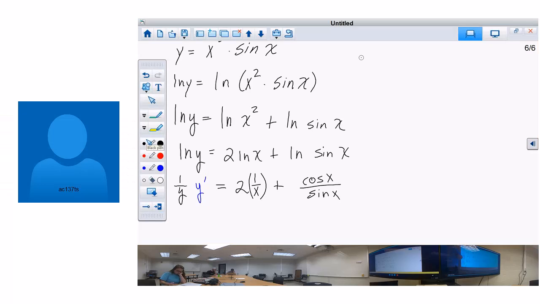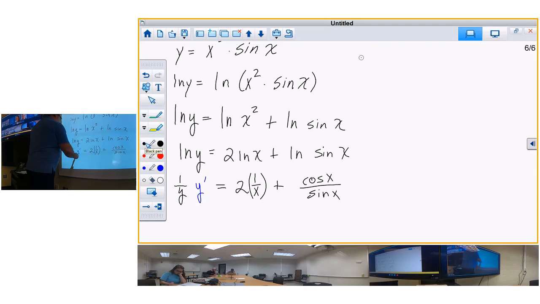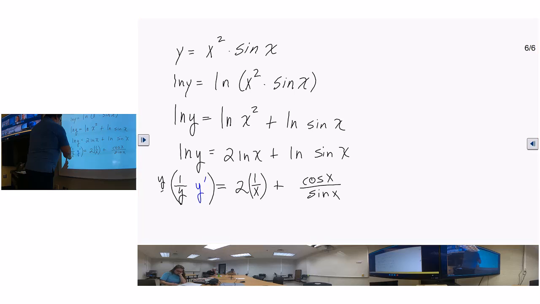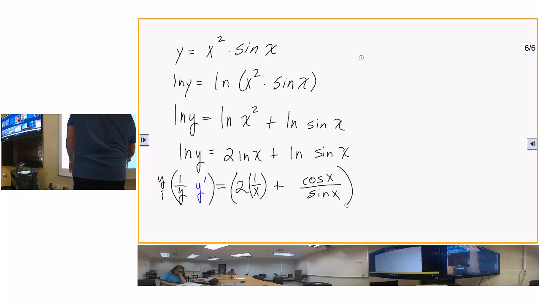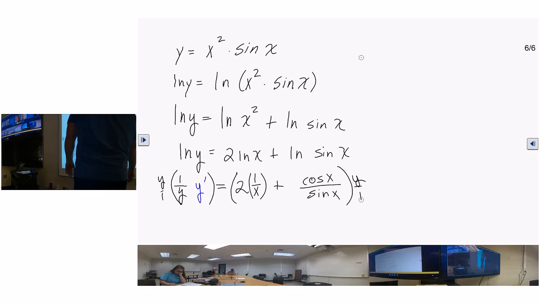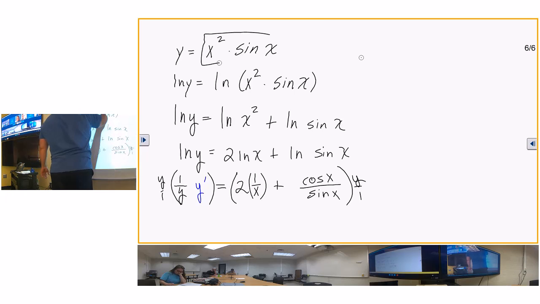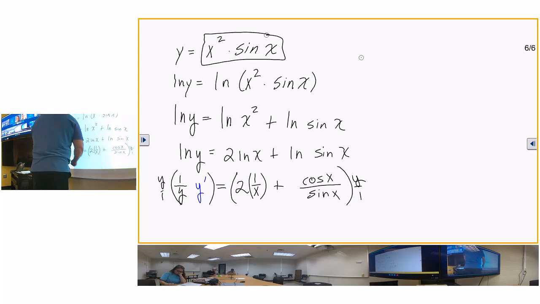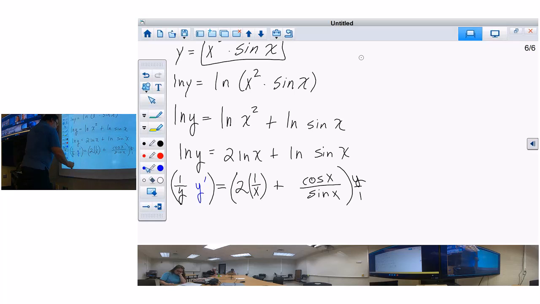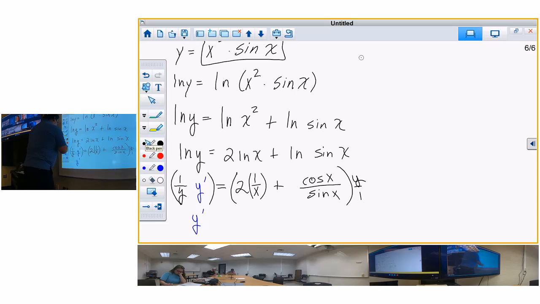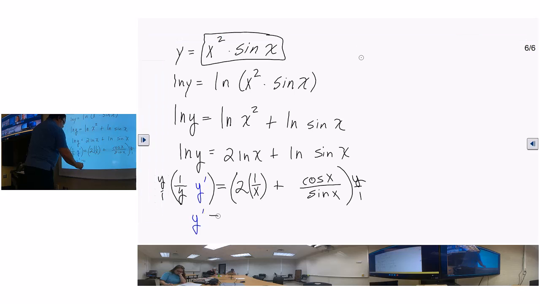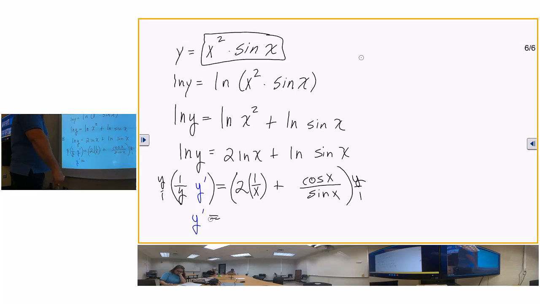So I'm going to multiply both sides by y. And what is y? Y is equal to x squared times the sine of x. That's right, class.